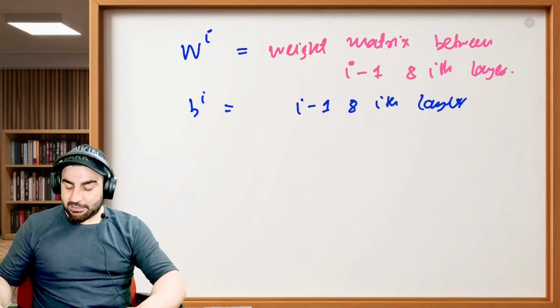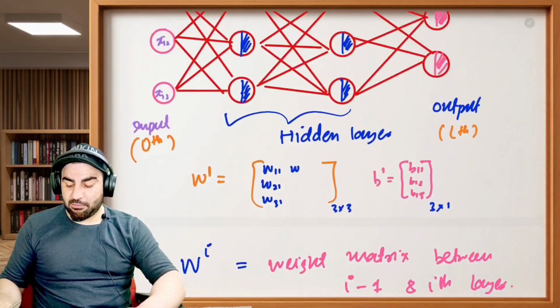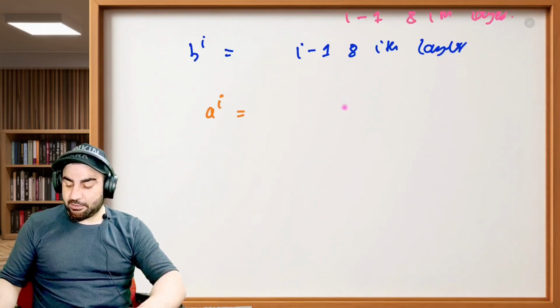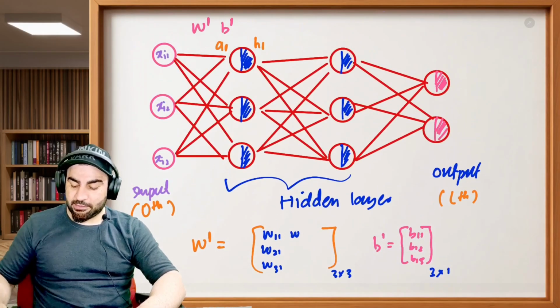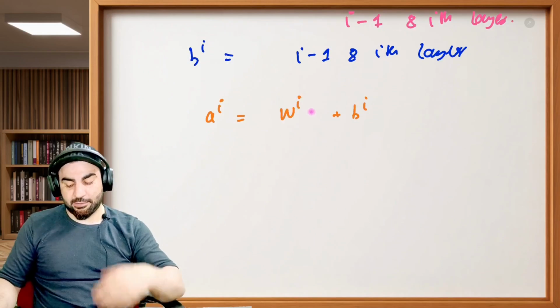So let's suppose you have this Ai. How do we get this Ai? We get Ai by writing Bi plus Wi times whatever is the previous.